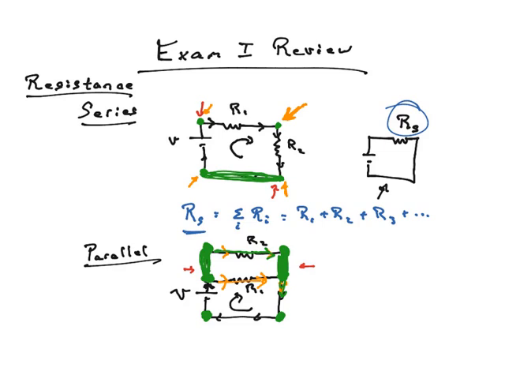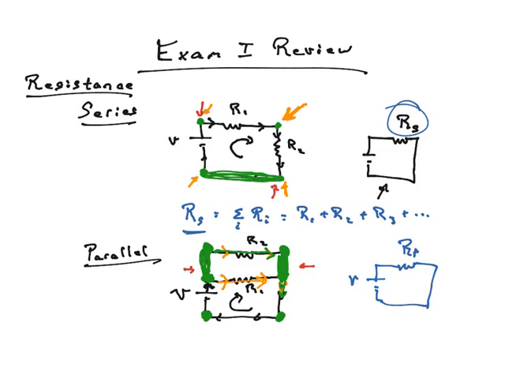Now, just like with the series, if we want to combine these resistors as a single resistor with the same effect as this combination, so if I draw it just like before, we want to draw this kind of circuit with some RP such that that resistor acts the same way as the original one.